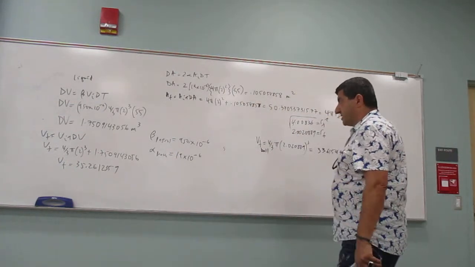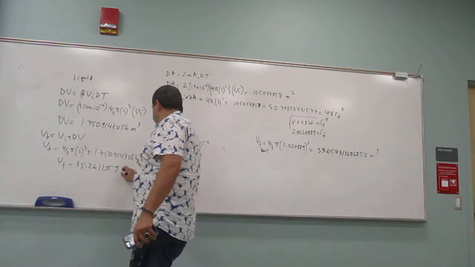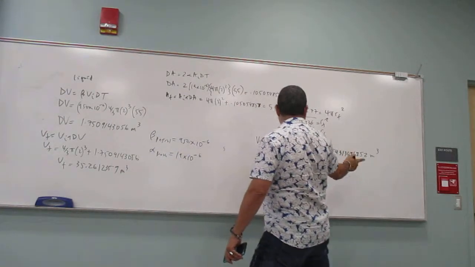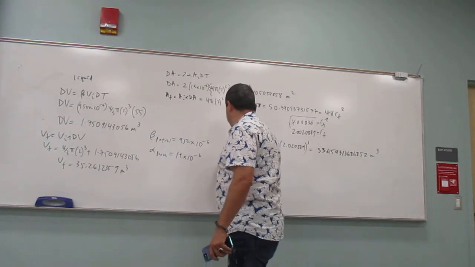So how much of it is going to spill over? This is meter cubed and meter cubed, so then you just subtract them, right?